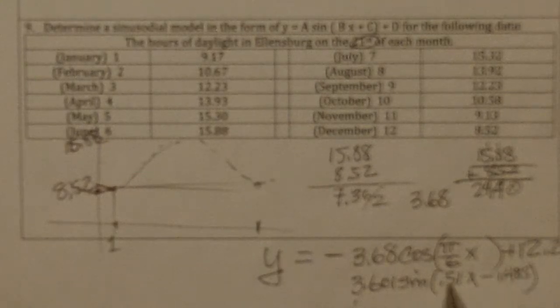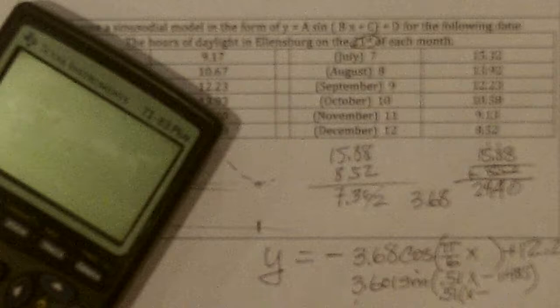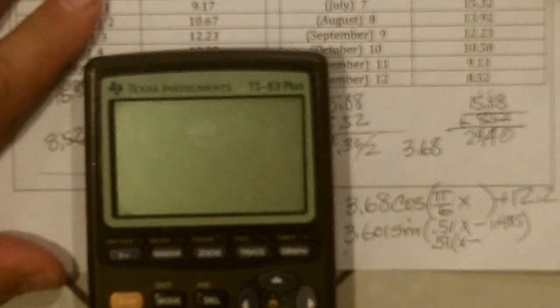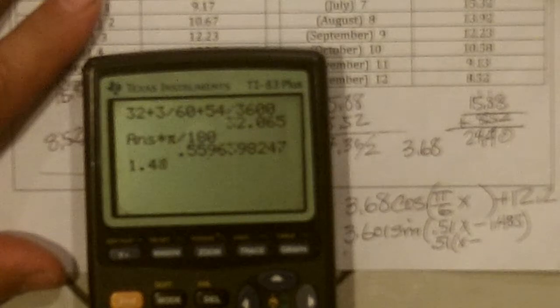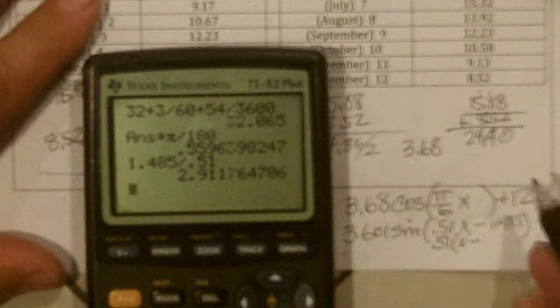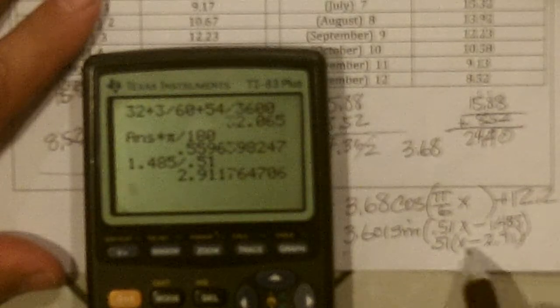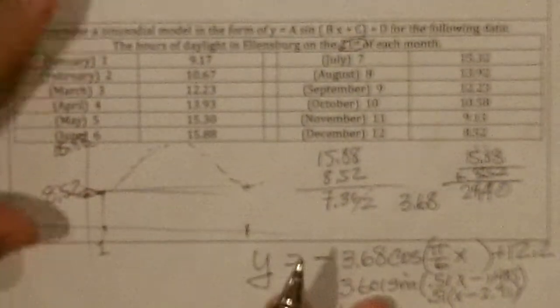So to actually know how much it shifts sideways, I'd have to factor it out. It'd be 0.51 times x minus 1.485 divided by 0.51, and it says shift the sine curve about 2.91, about 3 months.